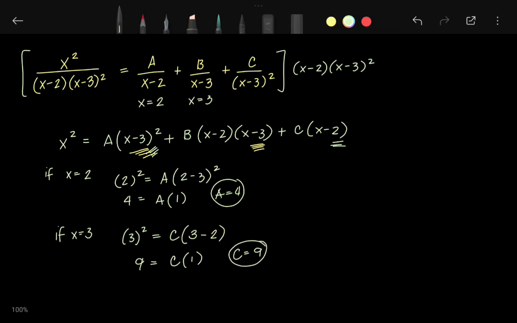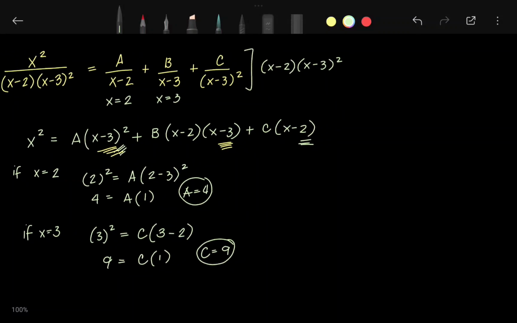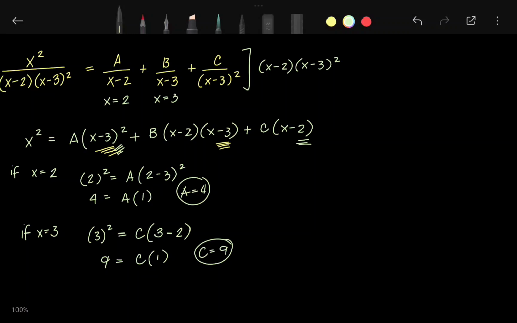Okay. Now, the tricky question: how do we get B? So, let me just move a little bit here. If x equals 0, that is what we will use. If x equals 0, none of the terms become 0, but you already know what A and C are, so you have to substitute them.